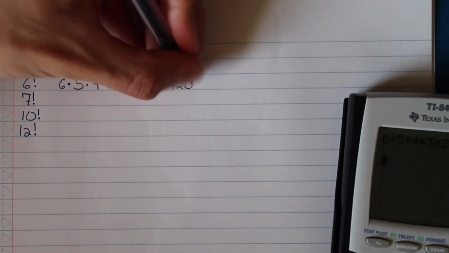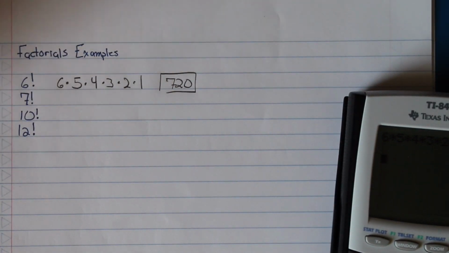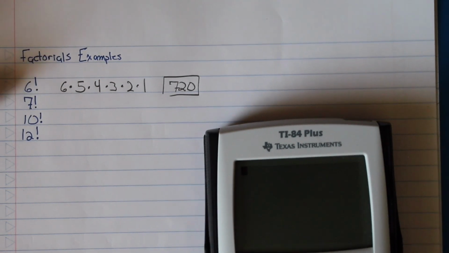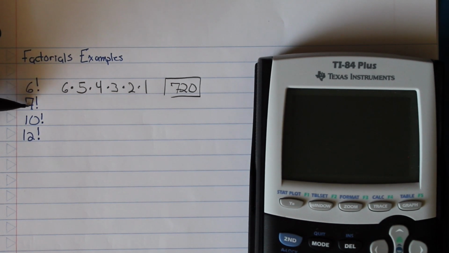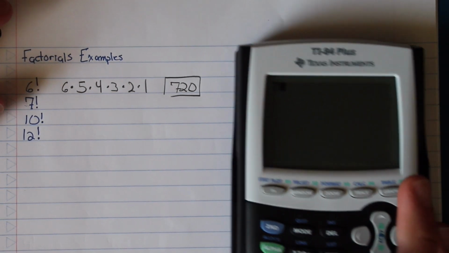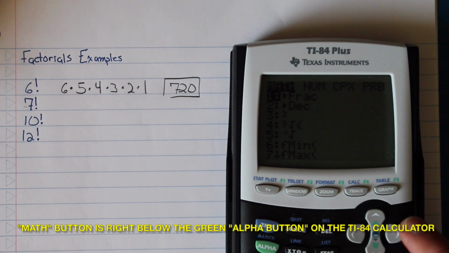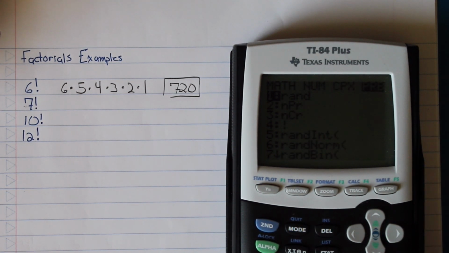But what if I told you that there's actually a much more efficient way of doing this? Well, if you have a TI-84 calculator, all you have to do is, for this one, we have 7 factorial. We're going to put in 7, and then we're going to go to Math, and then go three arrows to the right, and then hit 4, or you could just go to the number 4 and press enter.